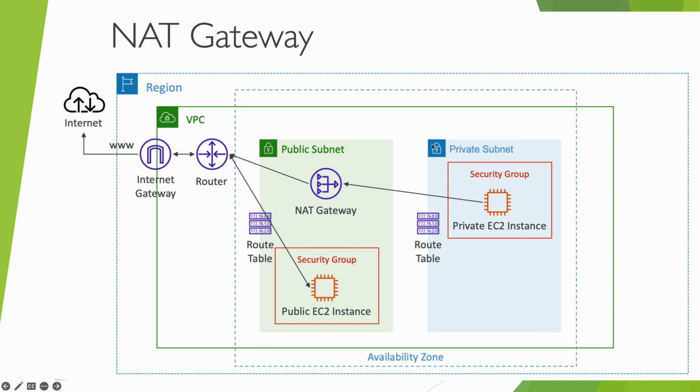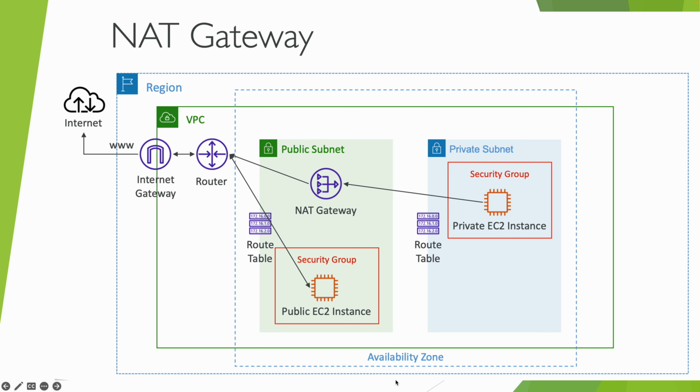This is how NAT gateways and NAT instances are used to provide internet access to instances in a private subnet. So this is something about NAT gateway and NAT instance.